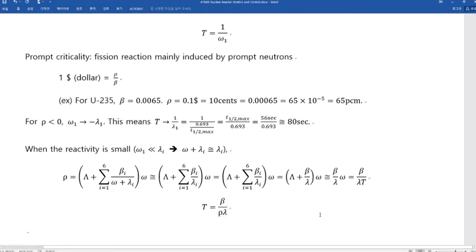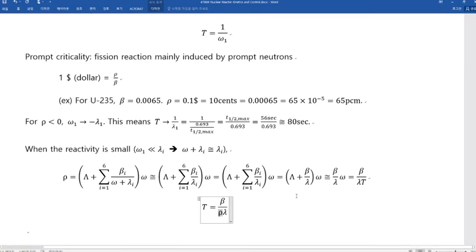So this is equation 5.57. So we can see some linear relation. Not linear, 1 over. So when the reactivity is given, we are able to see an inversely proportional relation between the reactivity and reactor period.